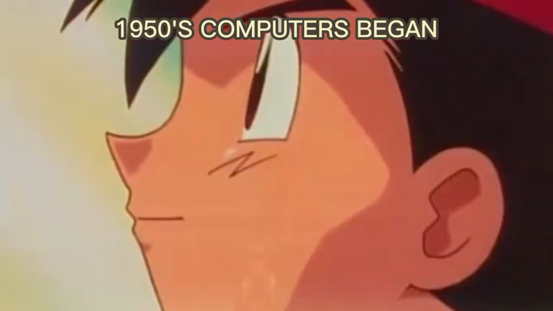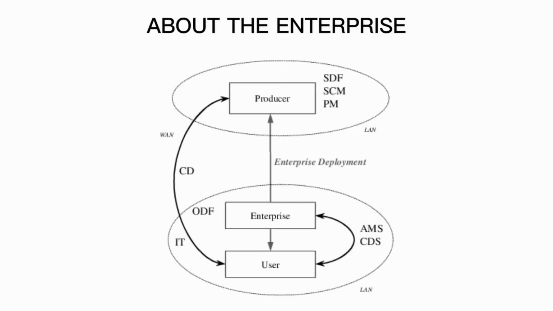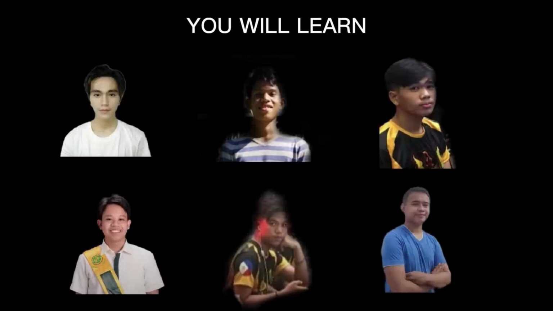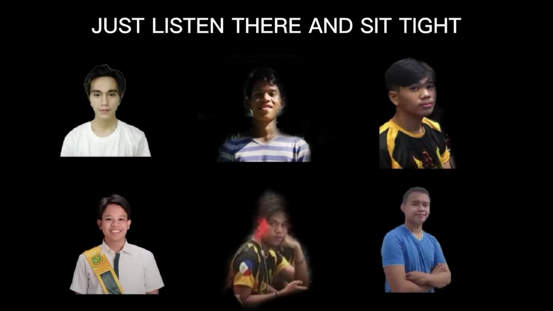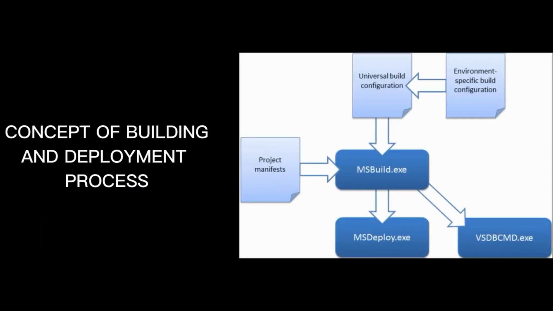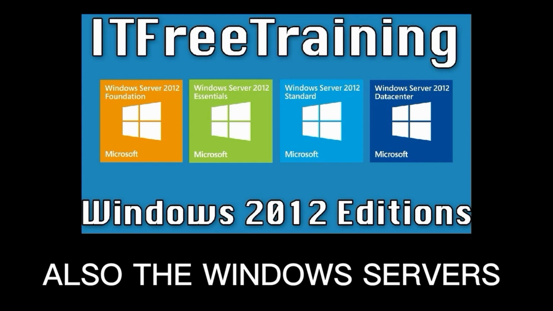In this video we will talk about enterprise deployment software and its benefits, the concept of build and deployment process, a summary of the pipeline process, and also the Windows Server.